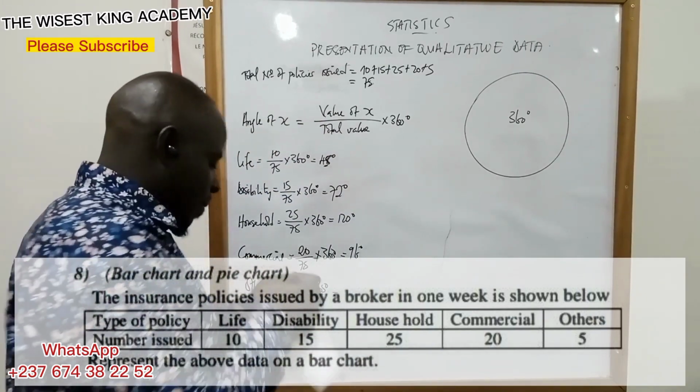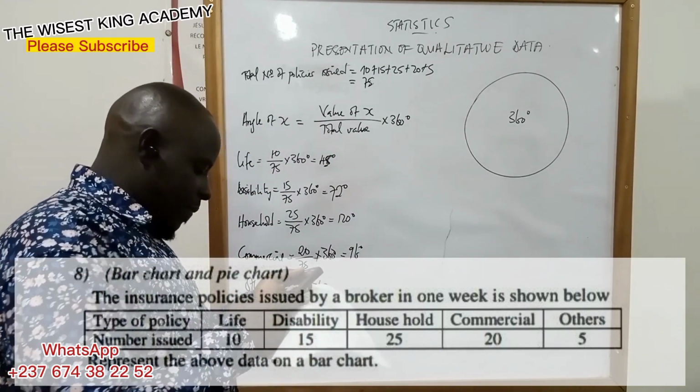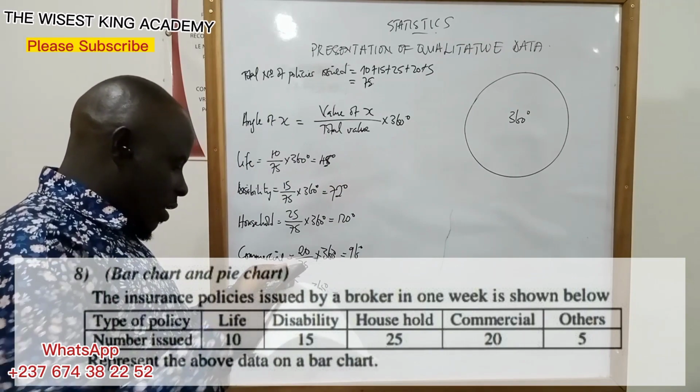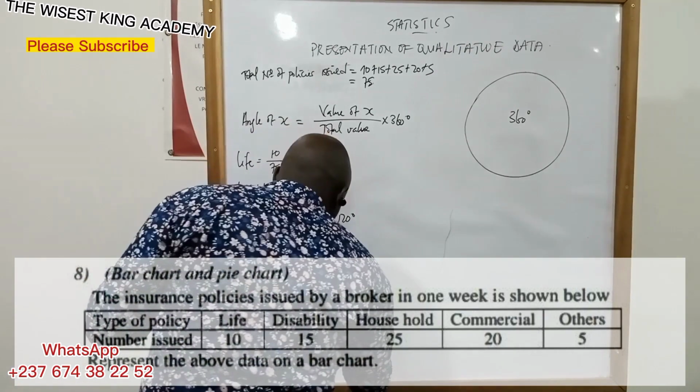And the last one, 5 divided by 75 equals 2 times 360, 24 degrees.